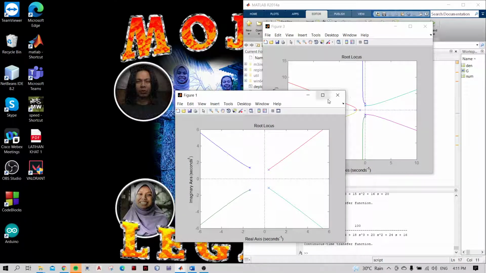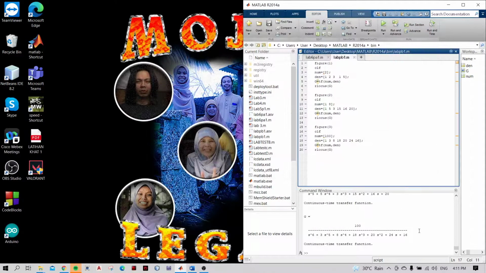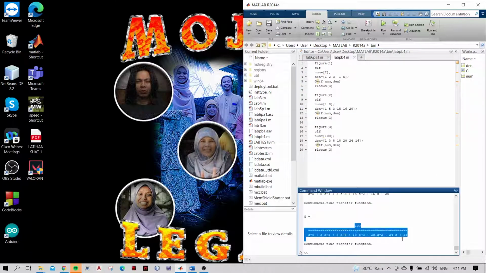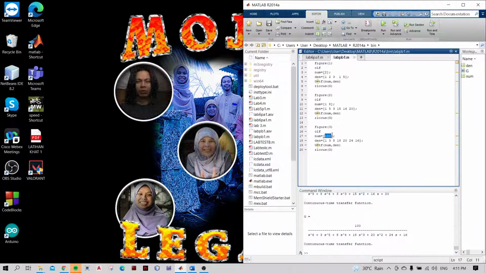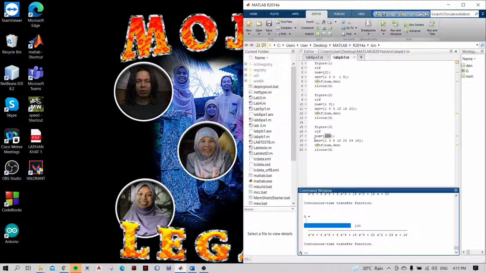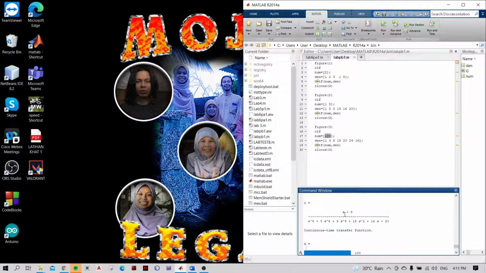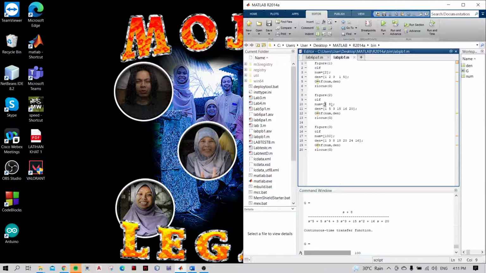And this is the transfer function. As we can see here, this is for the third one. The numerator is 100 and the denominator, this is the second numerator, s plus 8, but in this we change to 1.